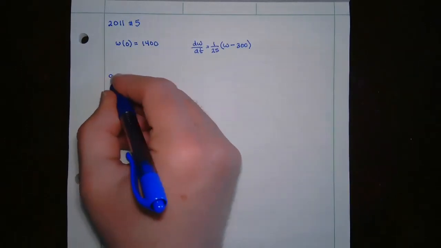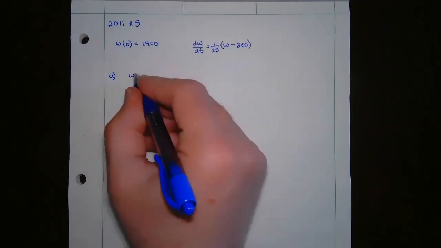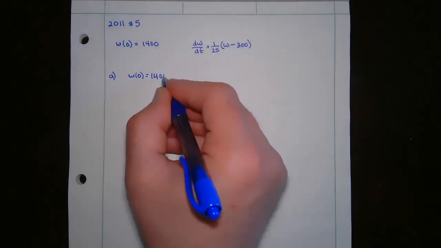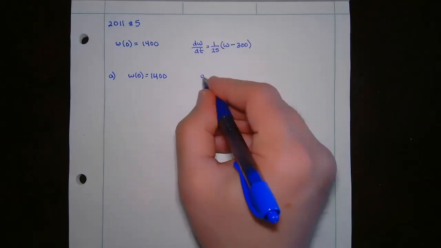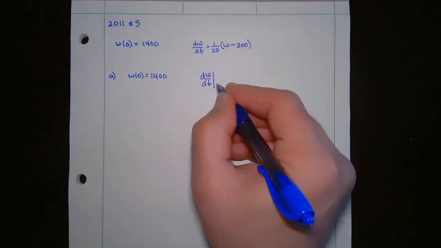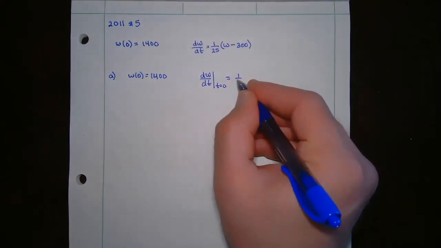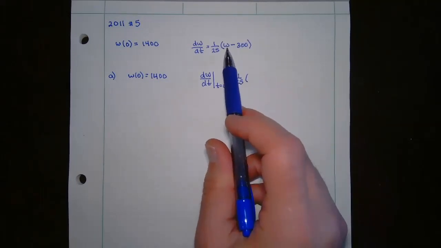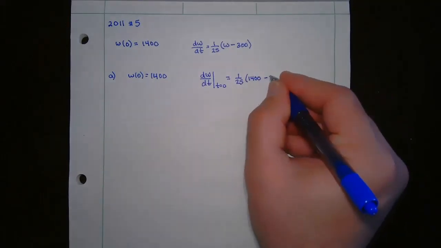So for part A, we got our point: W of 0 is equal to 1,400. We also have to find dW/dt at t equals 0. That's equal to 1 over 25 times, and this is the W, not the t, so it'd be 1,400 minus 300.